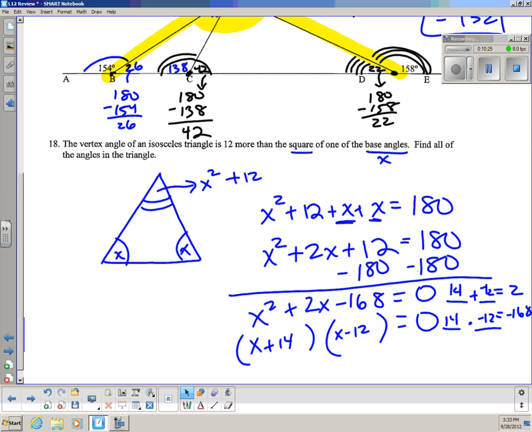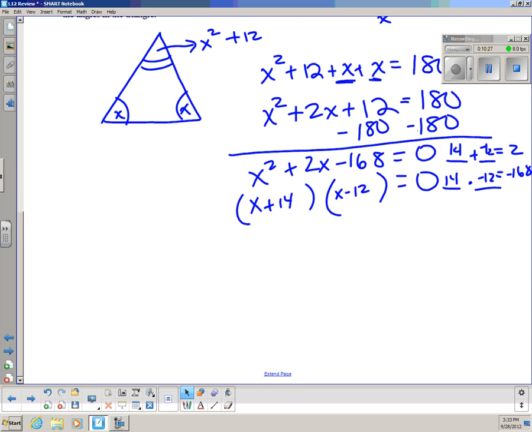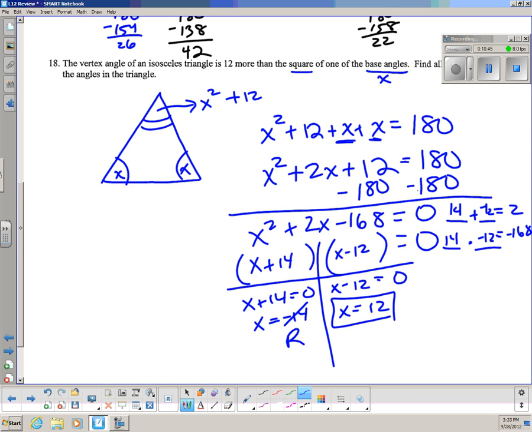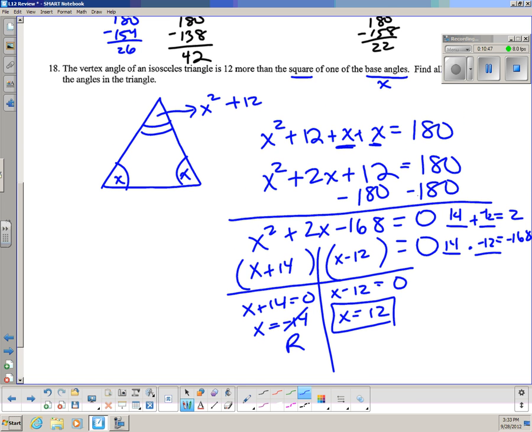Since those are the factors, I solve the quadratic by setting each factor equal to 0 and solving the little baby equations. And so x is negative 14, or perhaps x is 12. Negative 14 will result in a negative angle, so I reject this, keep this guy. And so x is 12. So they're looking for all the angles of the triangle.